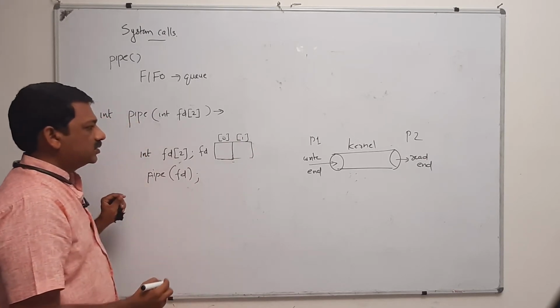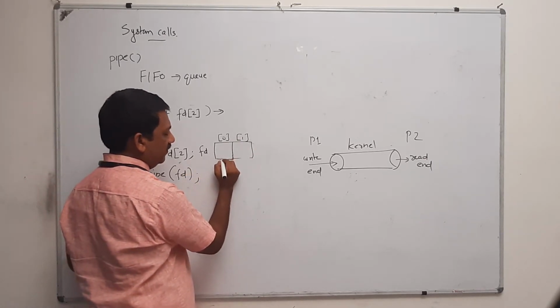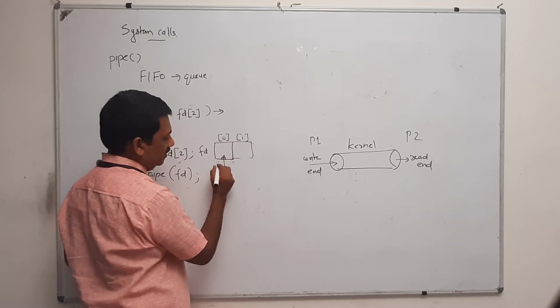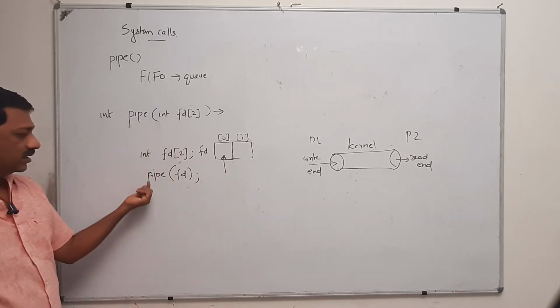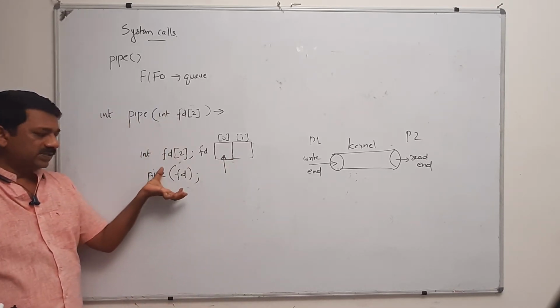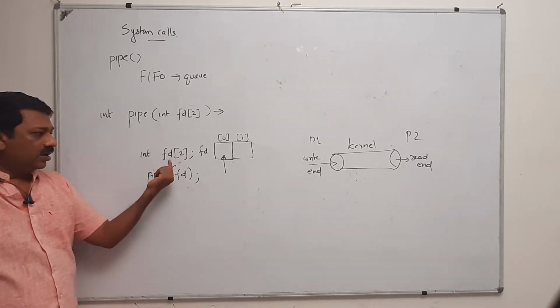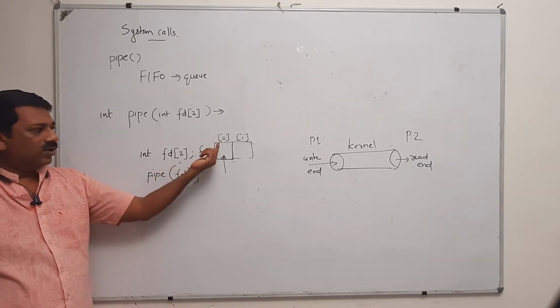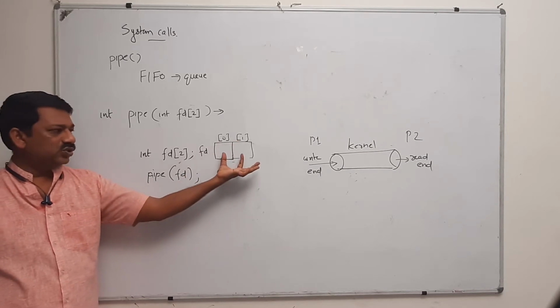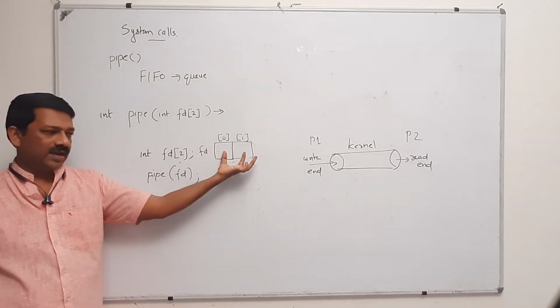After this pipe system call is executed, fd[0] and fd[1], the two-element integer array, are filled in.